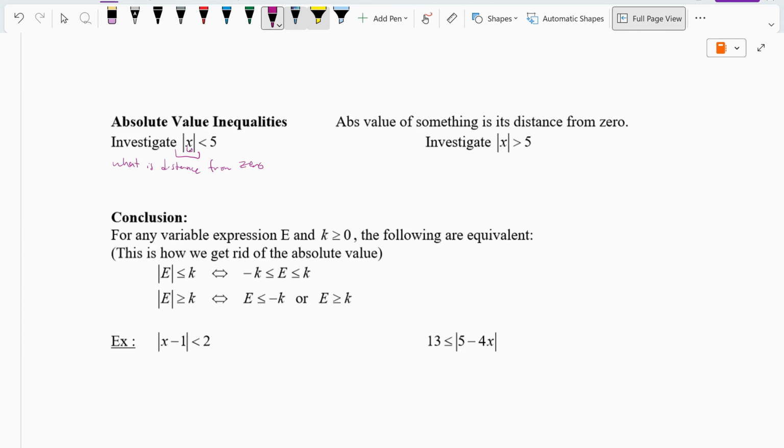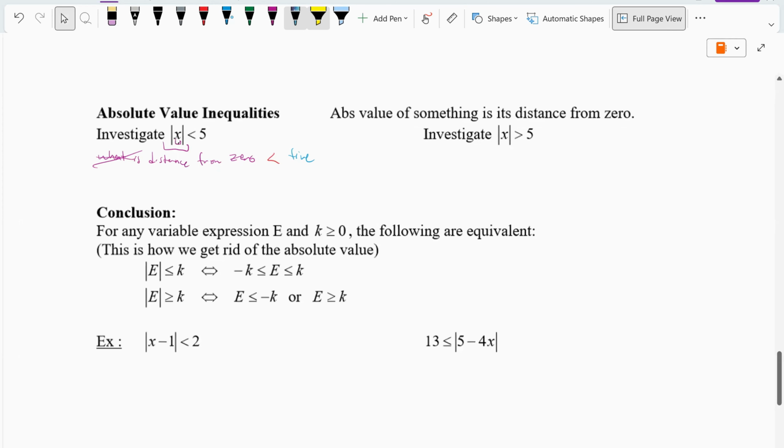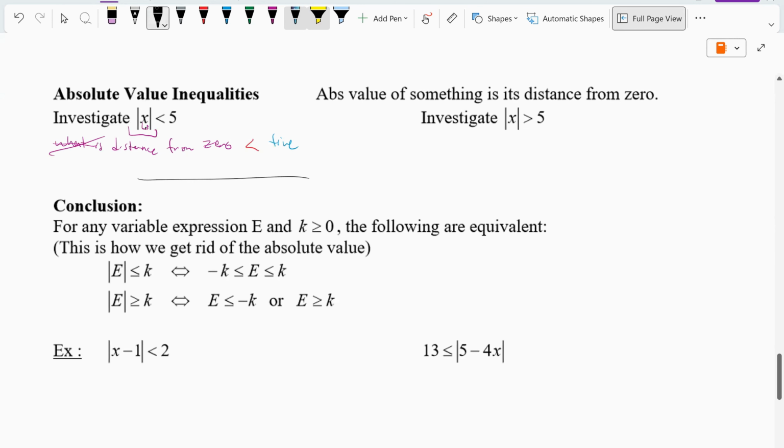It's saying the distance from 0 is less than 5. So if I draw a number line, here's 0, 1, 2, 3, 4, 5, and 1, 2, 3, 4, -5.